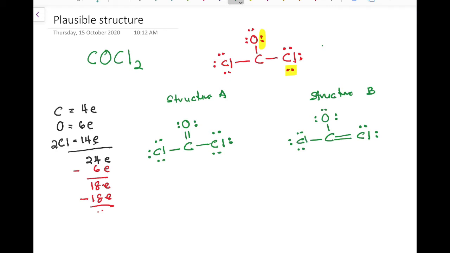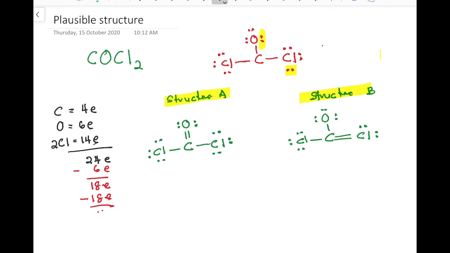Alright, so how to determine which is the most plausible structure between these two? As I mentioned previously, if you want to determine the most plausible, at least you propose two structure. The only way to determine the most plausible structure is to calculate the formal charge.